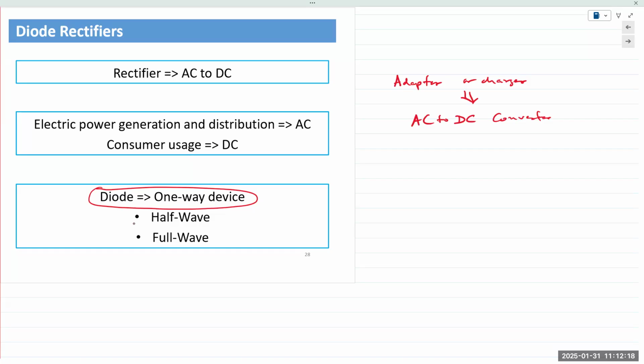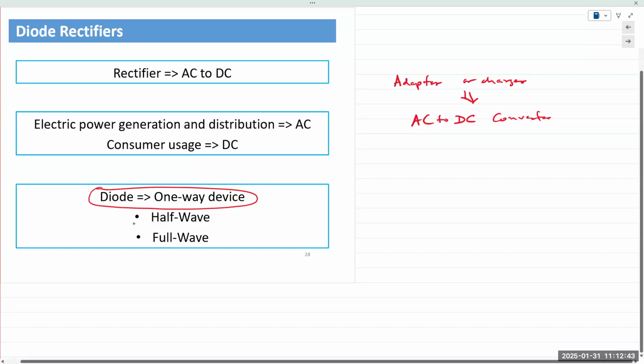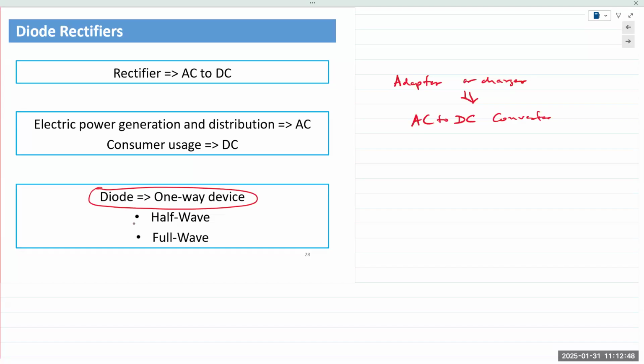Now, that would beg the question, why wouldn't we just distribute electrical energy as DC? Why do we send it out as AC? Well, in the early days of mass production of electricity, there was a technology war that came to be known as the current war. There was AC versus DC.